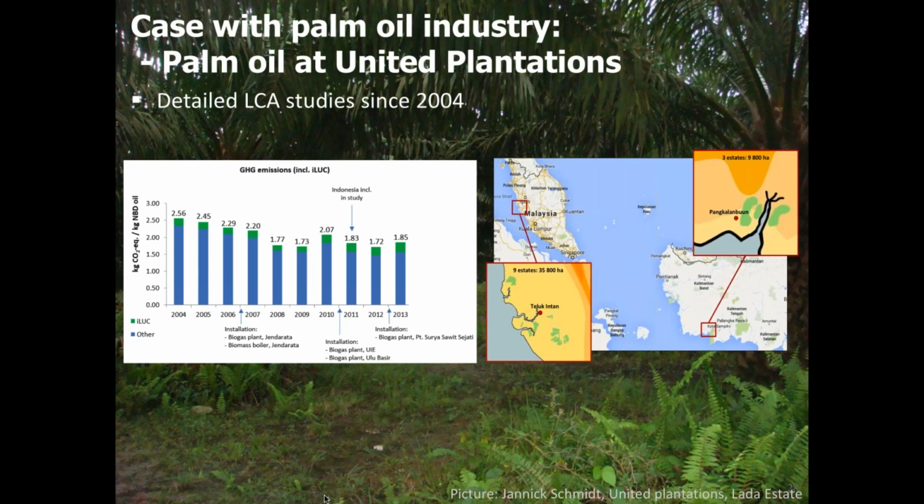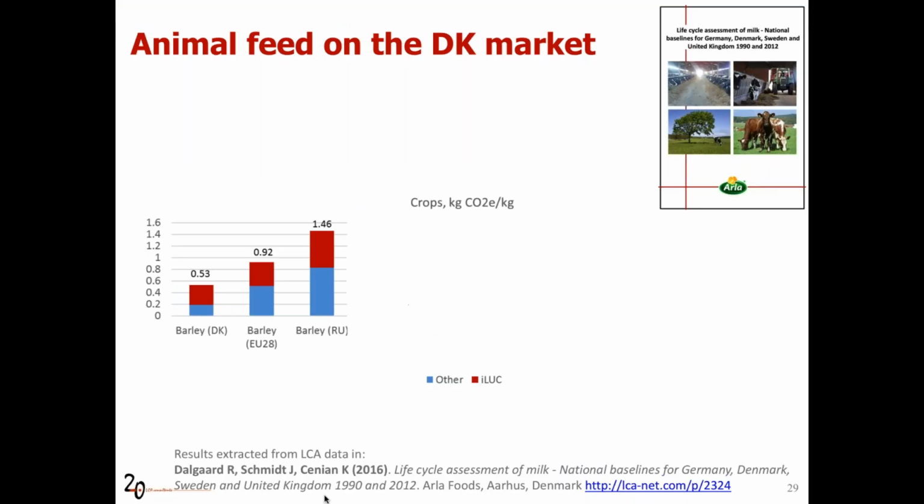What you can see in the slide is the contribution of land use changes, both indirect land use change in green and other impacts, including CO2, ammonia, nitrate, and nitrogen. And you can see that here most of the impact is direct, and only a limited amount is the contribution of the indirect land use change due to the high yield obtained in palm oil production by United Plantation in Indonesia and Malaysia, which of course reduces the indirect land use change effect.